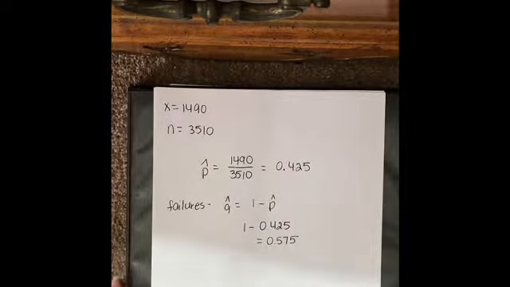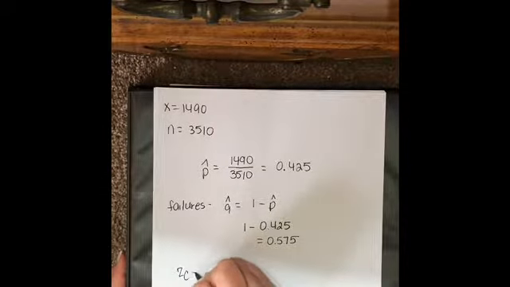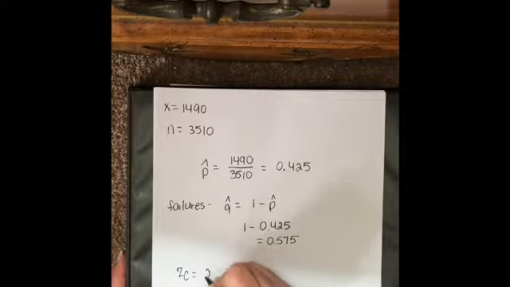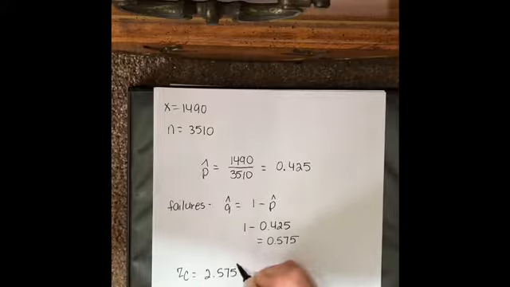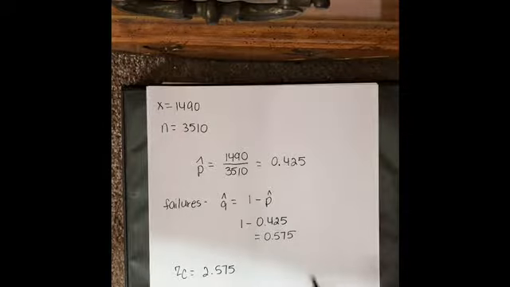So we know the confidence that we're looking for is 99%, and c sub z of 99% confidence equals 2.575. So you have to substitute the variable and solve for E, which is the margin of error.